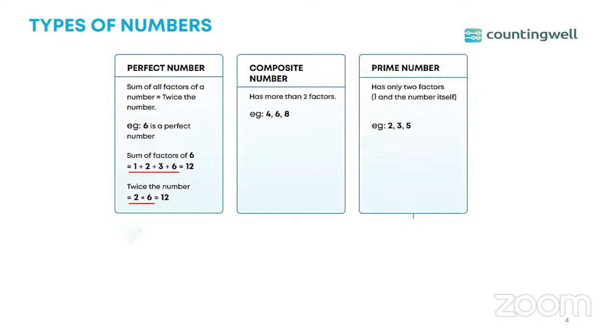Let us see what is a prime number. A prime number has only two factors, that is 1 and the number itself. So we have prime numbers as 2, 3, 5. We have many prime numbers. Here we have three examples, 2, 3, and 5.